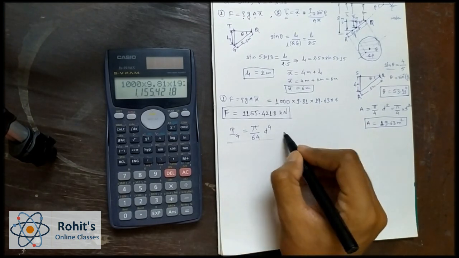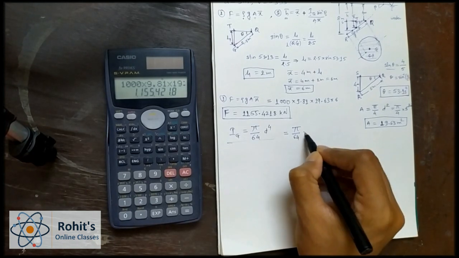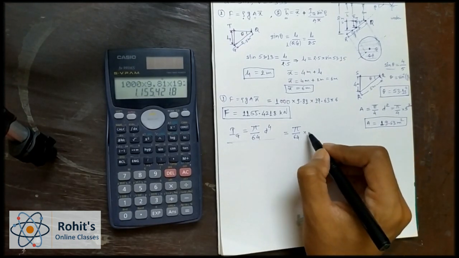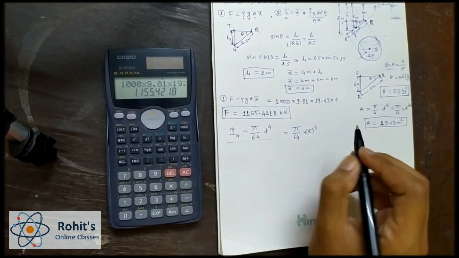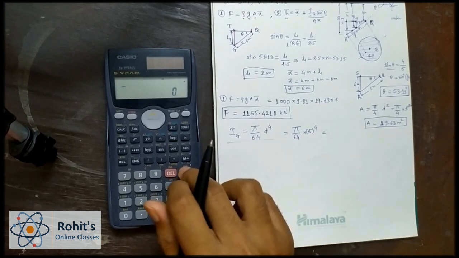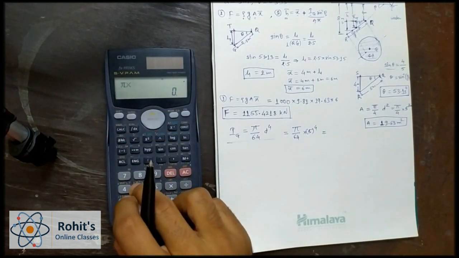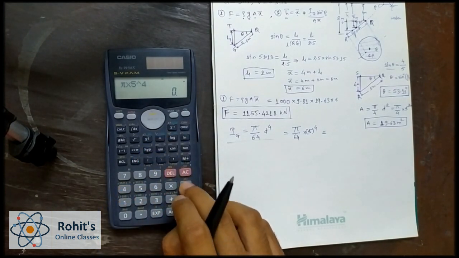Let us put the values in the equation. How much is the diameter? Diameter is 5 and raised to 4. Let's put these values in the calculator: 5 raised to 4, divided by 64.